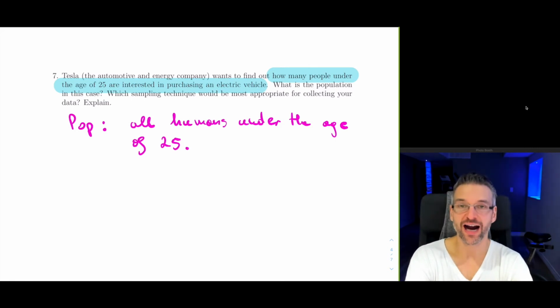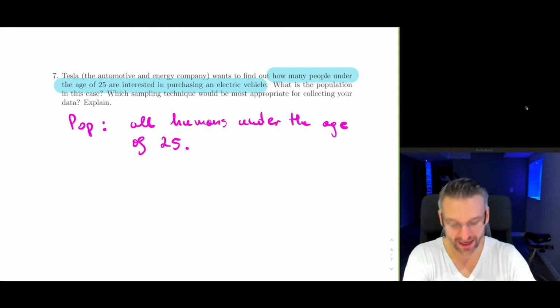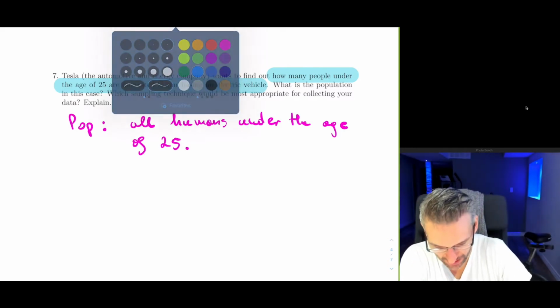Now, how likely is that? Probably not very likely, but they can definitely come close, because with the internet they can start populating these things all over the world. Which sampling technique would be most appropriate for collecting your data? I would probably say some form of stratified, so you're grouping them together.